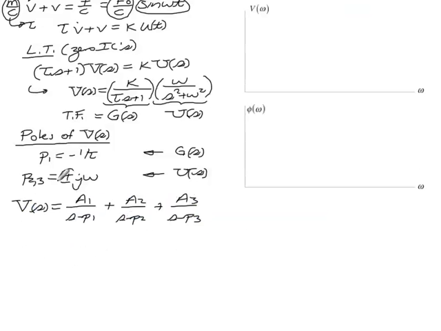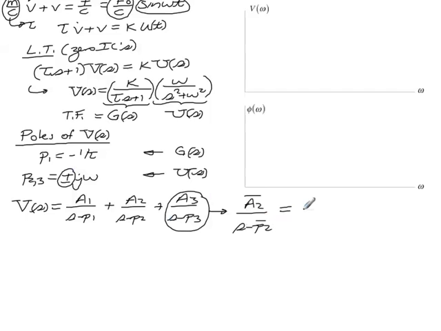And again, we have complex poles coming from U, the complex conjugate pairs. That's always going to be the case for harmonic excitation, whether it be a cosine or a sine. And what we have seen many times before is that A3 is the complex conjugate of A2, divided by s minus the complex conjugate of pole P2.